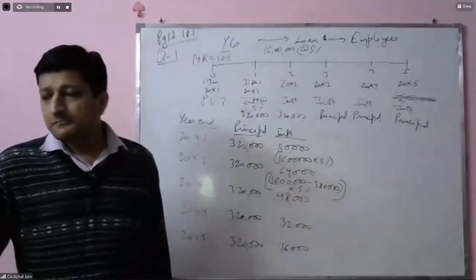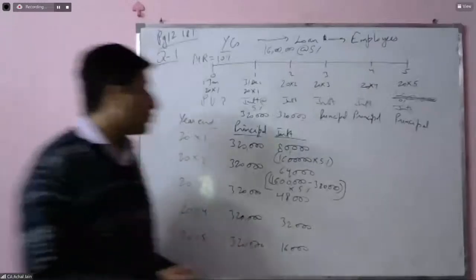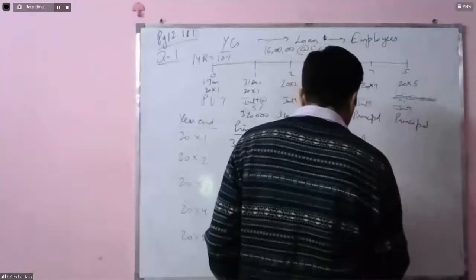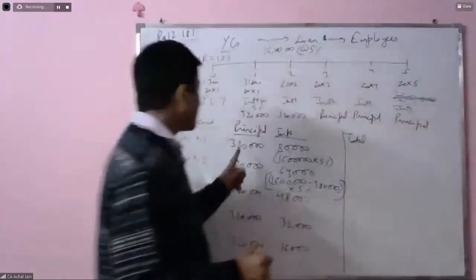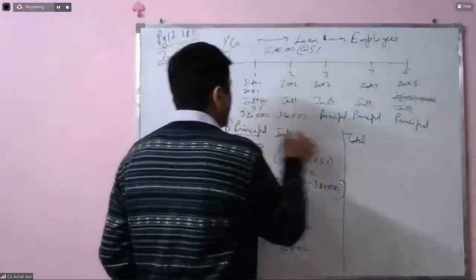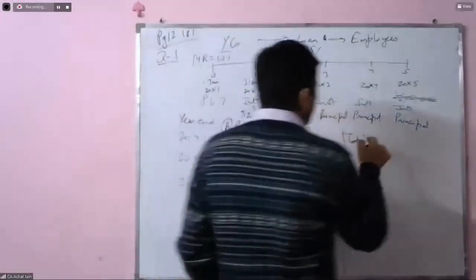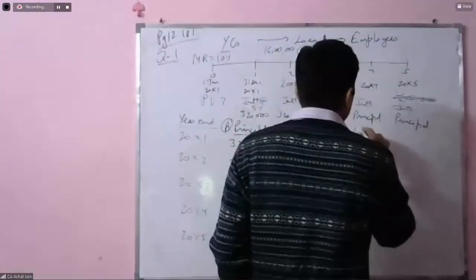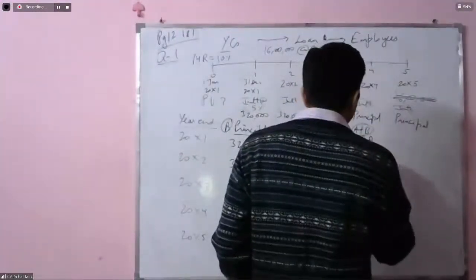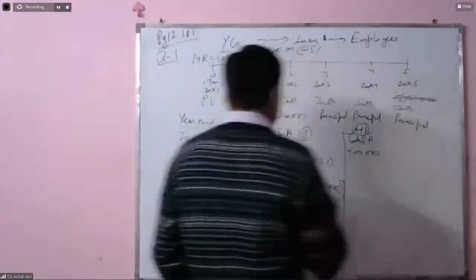Then we can compute the total amount. So what's the total? 3,20,000 plus 80,000. So you can say A and B. Total is A plus B. So this will become 4 lakh.